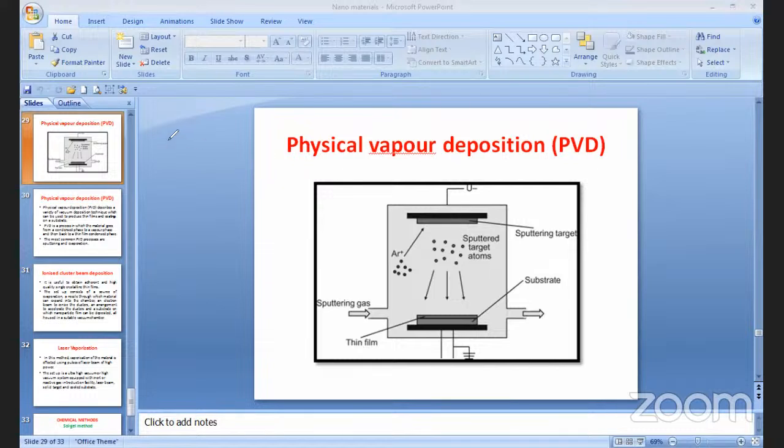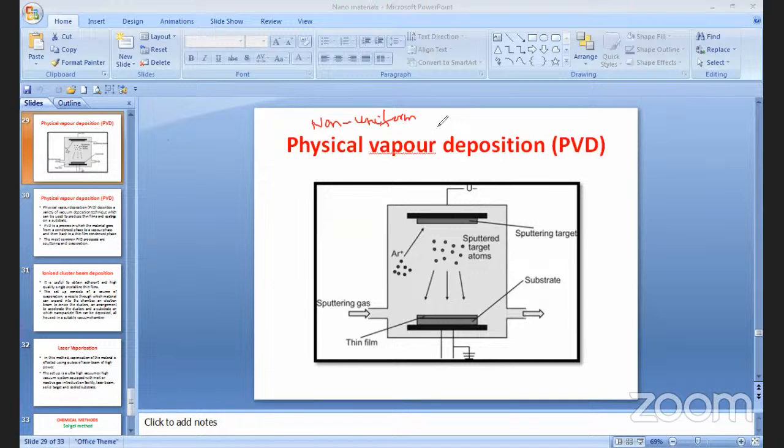That means the thin film which we have produced may not have uniformity; it is going to be non-uniform. Another drawback is that line-of-sight shadowing can occur. Another drawback is that it is difficult to evaporate materials with low vapor pressures.